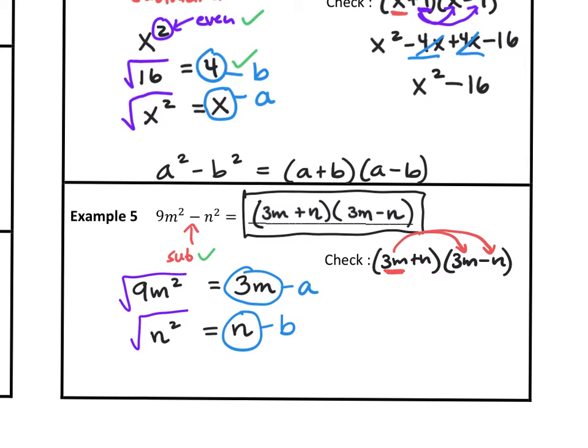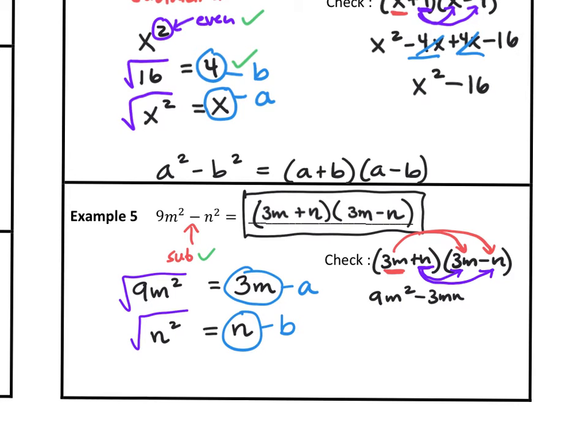So that's going to give me 3m times 3m is 9m squared. 3m times negative n is negative 3mn. And then multiply n times 3m and n times negative n.